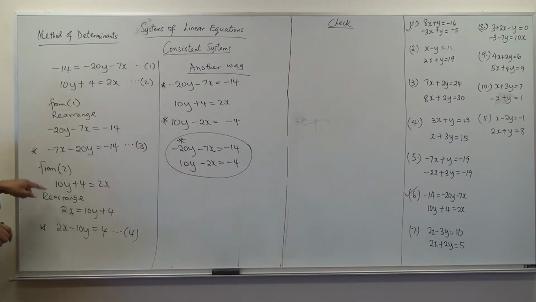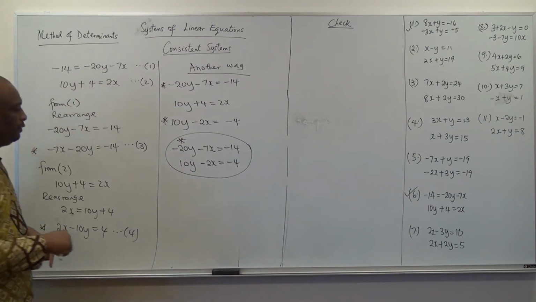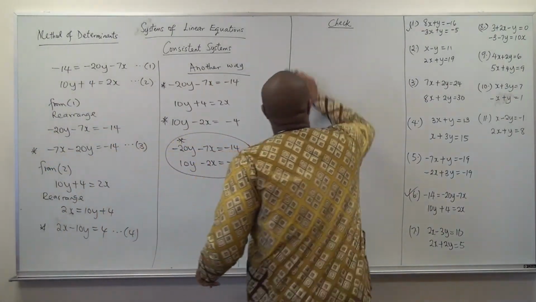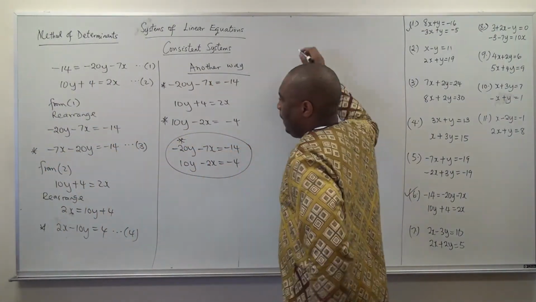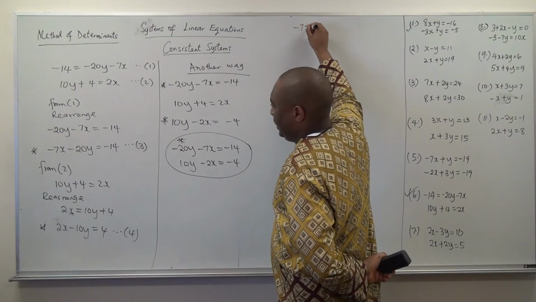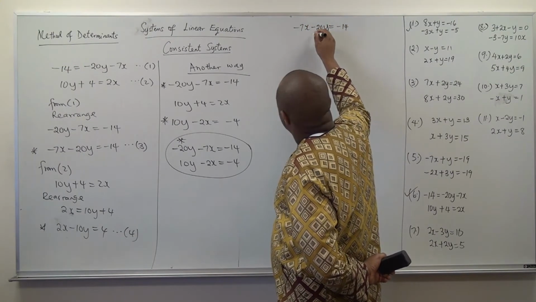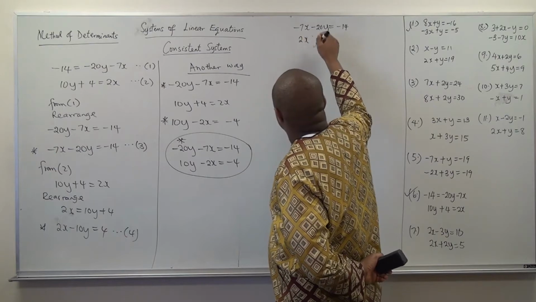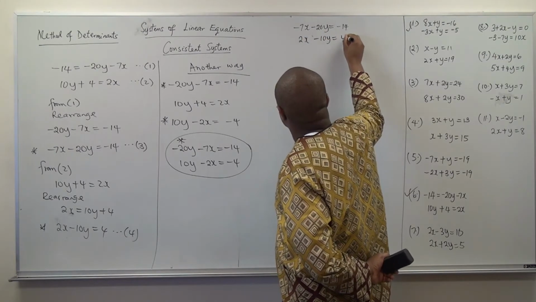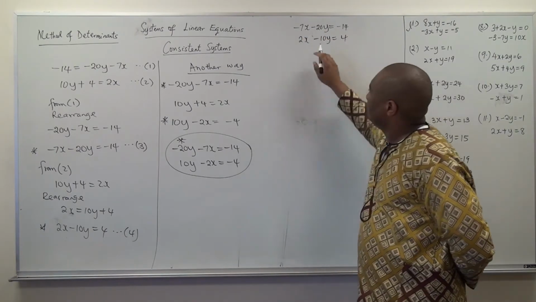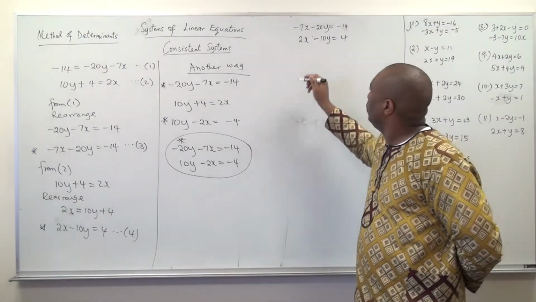And for those who want x to come first, we have it this way: negative 7x minus 20y equal to negative 14, and then 2x minus 10y equal to 4. Alright, now let's start with this way.